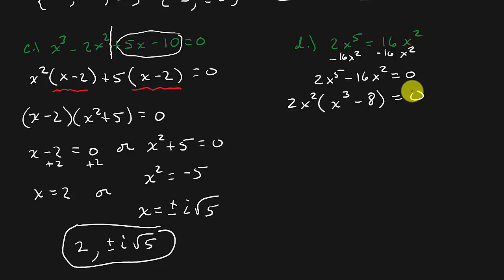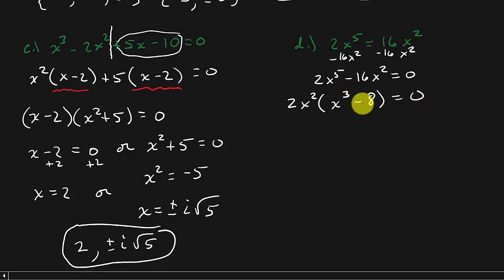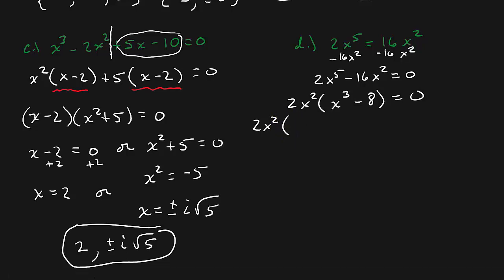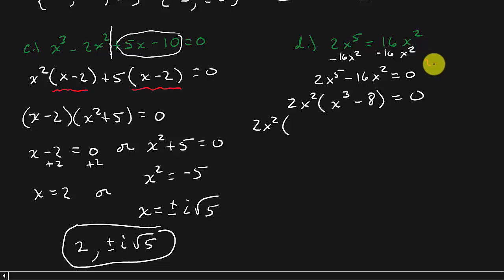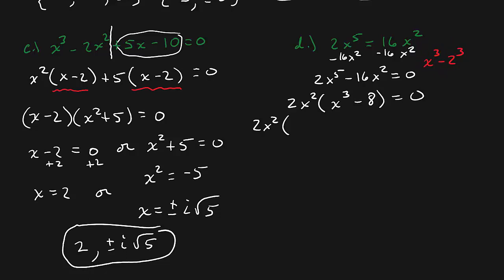So let's set them. Well, we can set them equal to 0, but what do you think we might need to do first? Probably factor this, because it'll still factor, won't it? So we've got 2x squared times, now remember, x cubed minus 8 is x cubed minus 2 cubed, and that's what we're factoring.